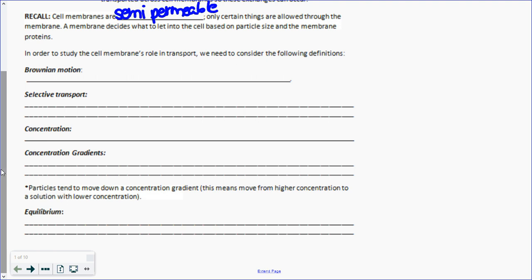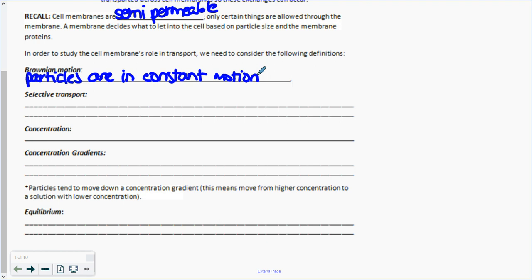So something called Brownian motion. This is just the theory or the understanding that particles are in constant motion. So the particles within a solid are just kind of vibrating next to each other.